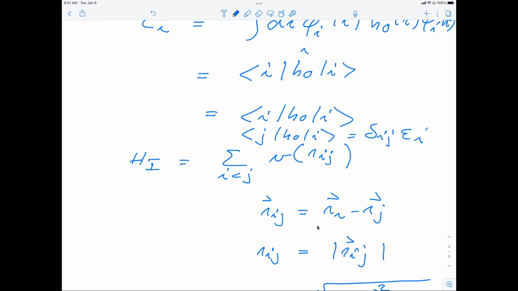This is a choice. It doesn't need to be diagonal. You can actually have a single particle basis which may not be diagonal for H0, but it could be diagonal for a Hartree-Fock single particle operator. So you have an H0 which is determined in terms of kinetic energy and the external one-body energy.